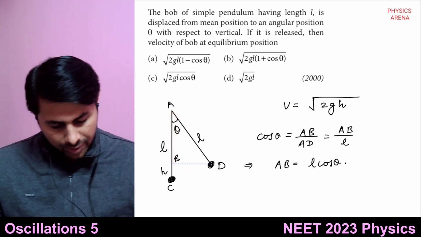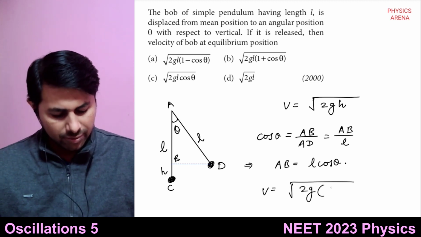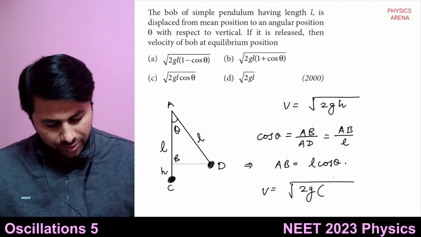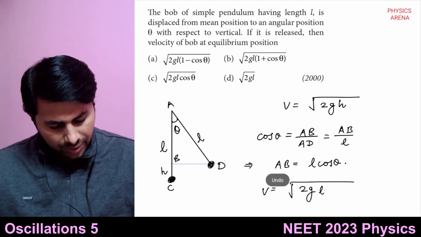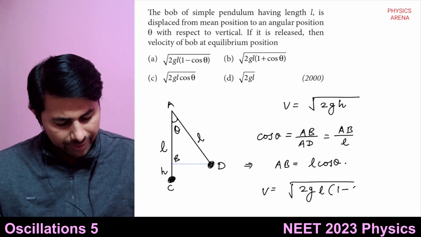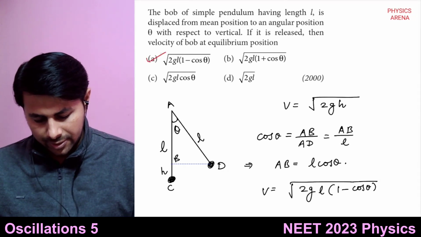So v equals root 2g multiplied by L minus L cos theta, or you can take L common. If you take L common, it is 1 minus cos theta. It's option A.